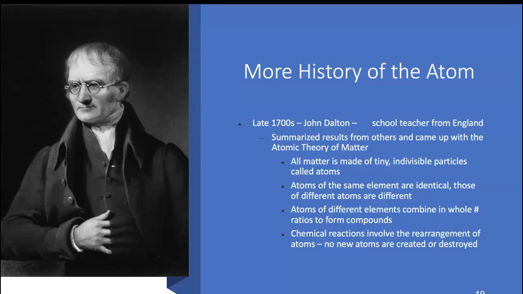It was actually thousands of years before this young man, John Dalton, brilliant, principal of his school at age 12, went back to the ancient Greeks and was like, I think they were onto something. And he was an excellent experimenter. He didn't just sit around and think about things. He actually experimented.